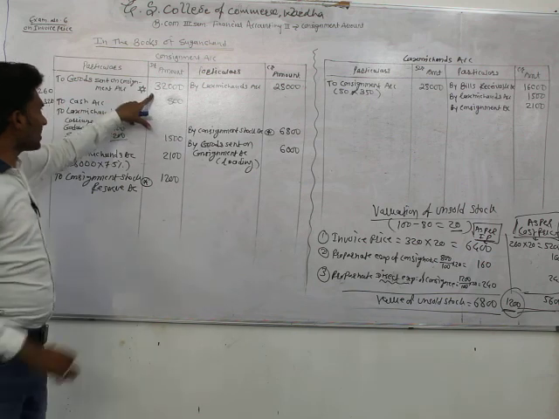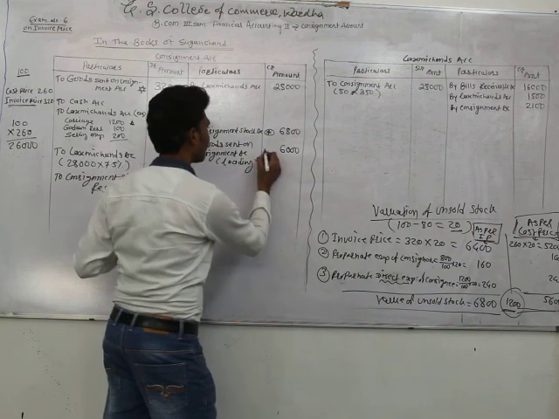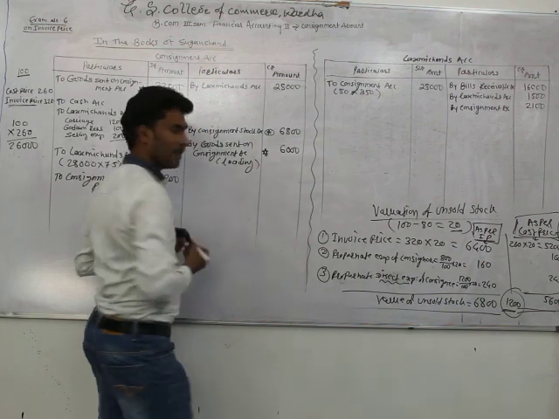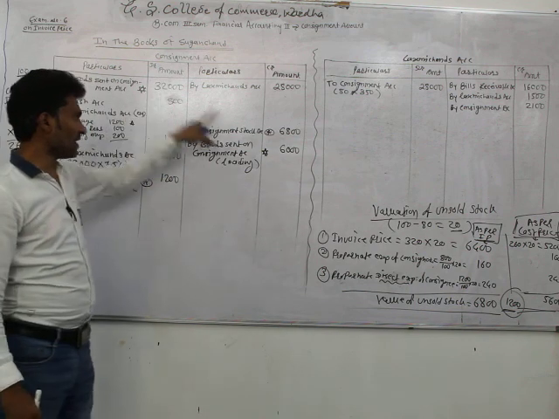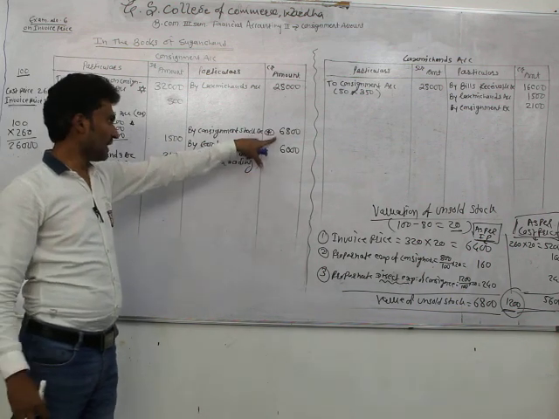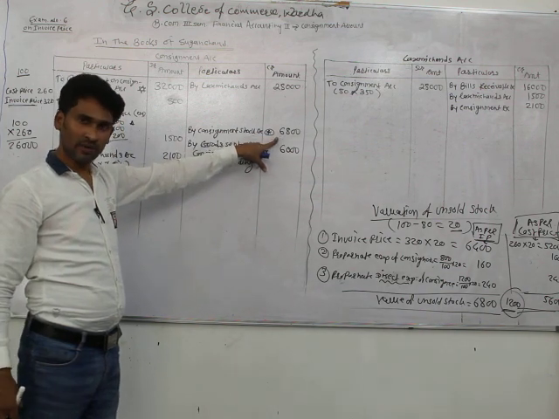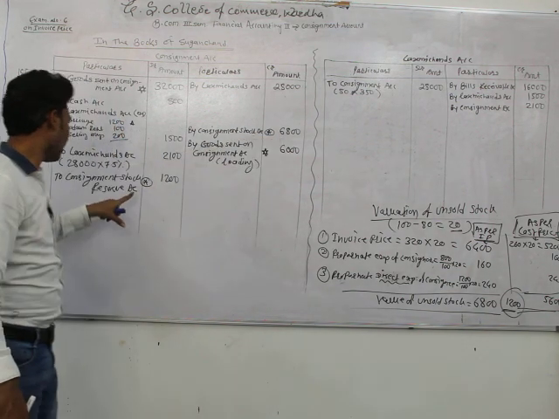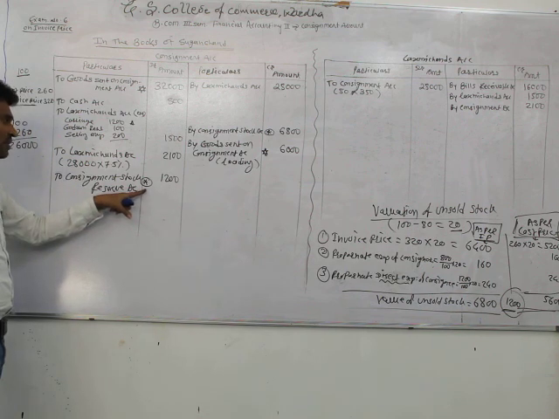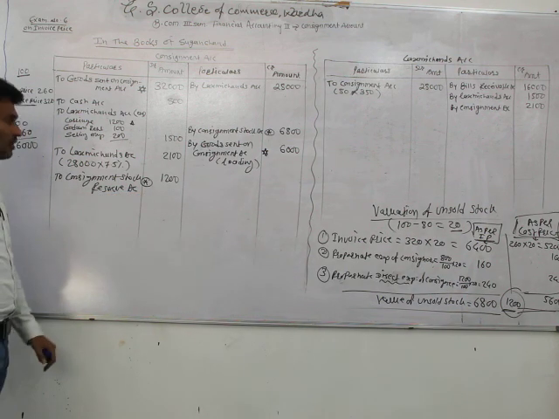There is an excess amount of 6,000 rupees which I have written there, and they have rupees 1,200 more than their original cost price, so I have deducted that amount. I have written this amount at the debit side of the consignment account.